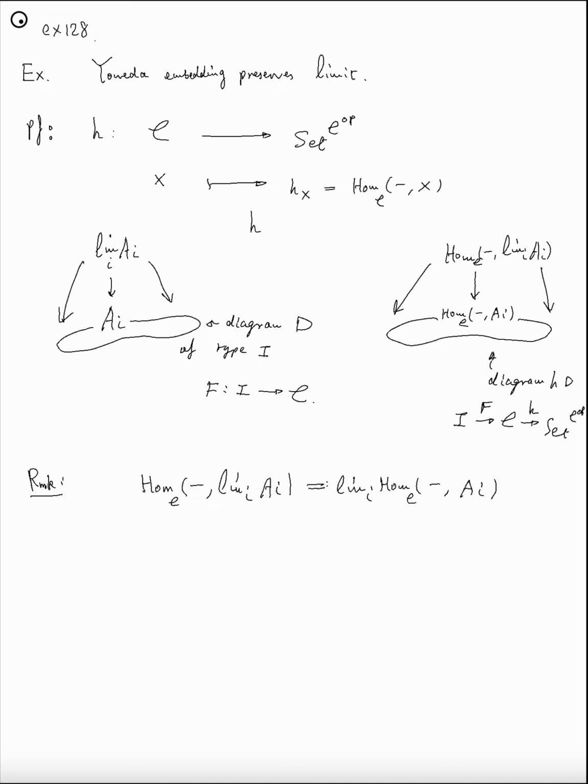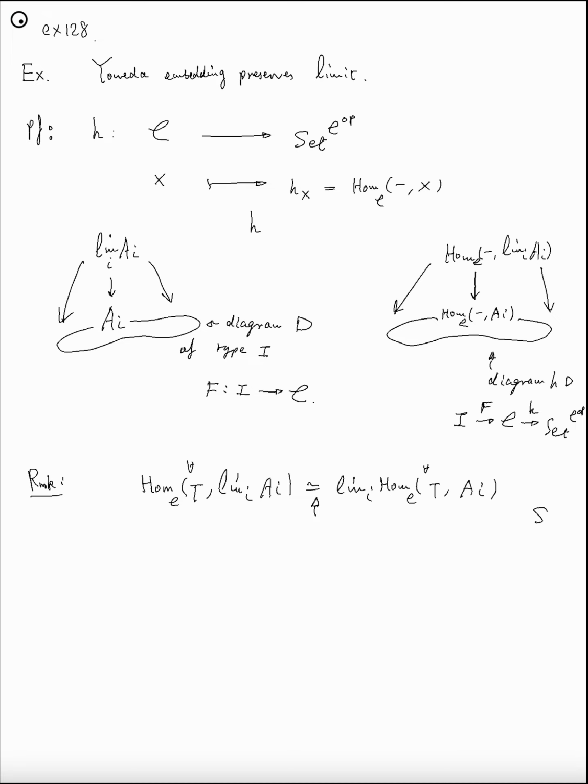What you really have is that for any object, let's say t, we have this isomorphism as sets.